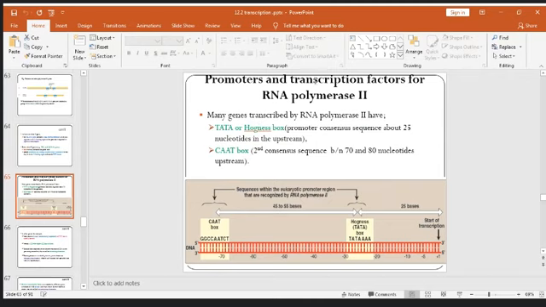So the promoters and transcription factors for RNA polymerase 2.